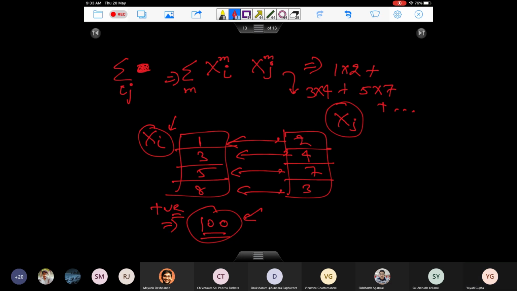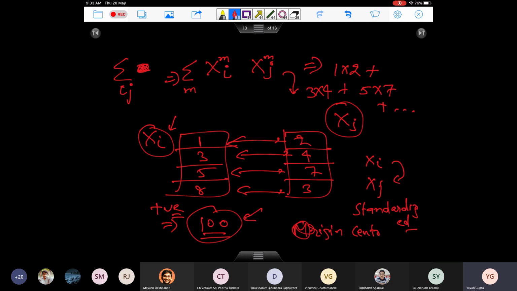Okay. Now, one thing that we started with, don't forget that our features xi and xj are standardized and mean-centric. We have standardized these features. They are also origin-centric.